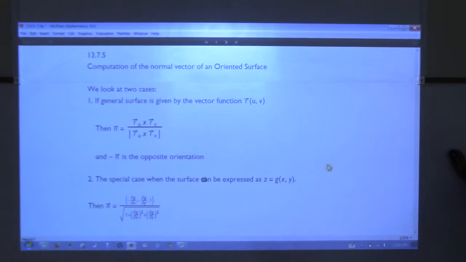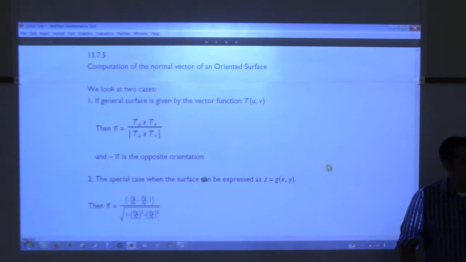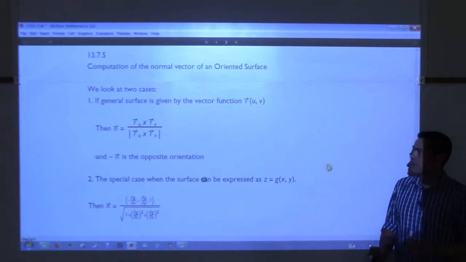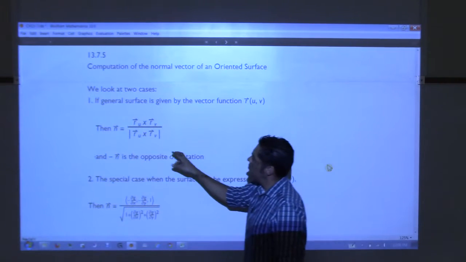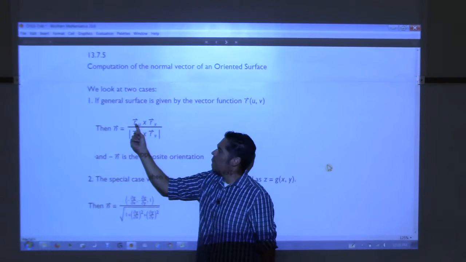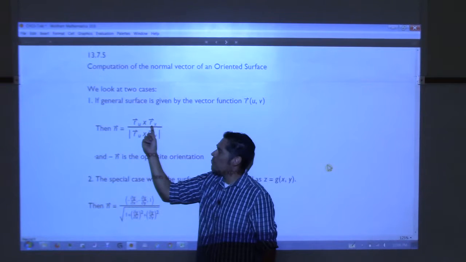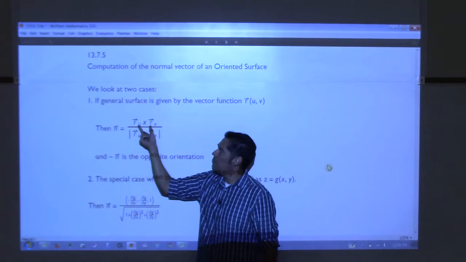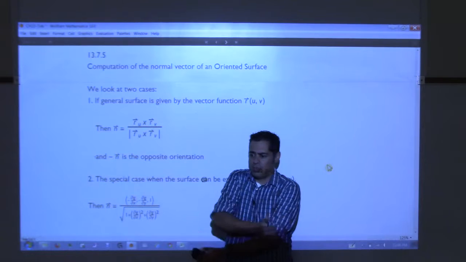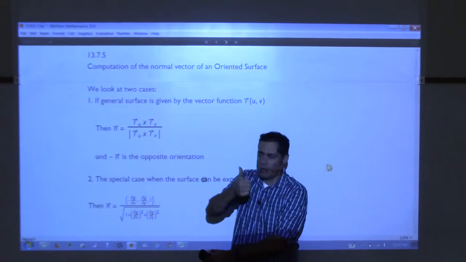All right, so how do we actually compute the normal vectors of an oriented surface? How do we figure out those normal vectors? Well, doesn't the partials cross product give us a vector that is orthogonal to our surface?